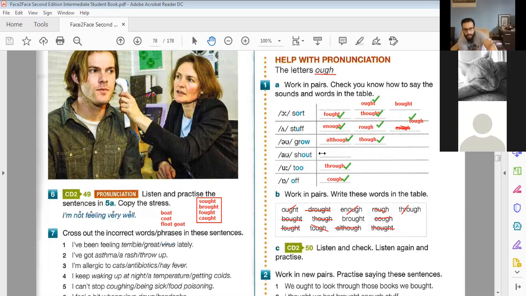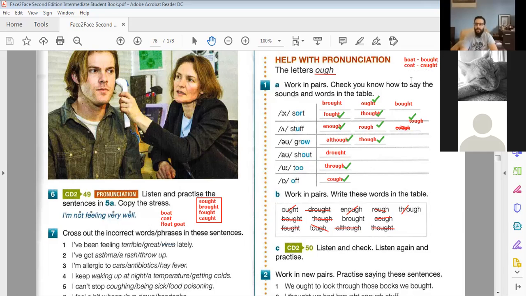Through and cough were perfectly right, which is great. And what else? So here with sort, we should have, what's the other one? Brought. Yeah, brought was the only one. Brought was the only one missing. So here I think you need to practice a little bit this difference between this and this, and this.